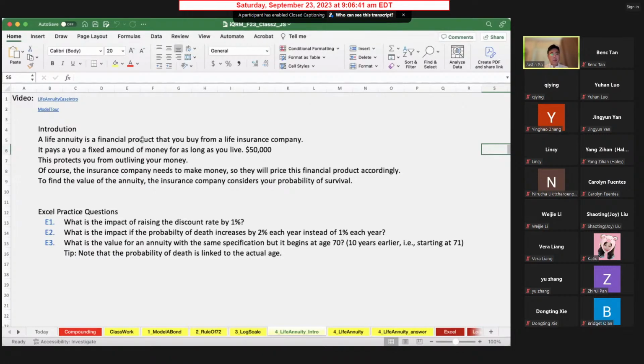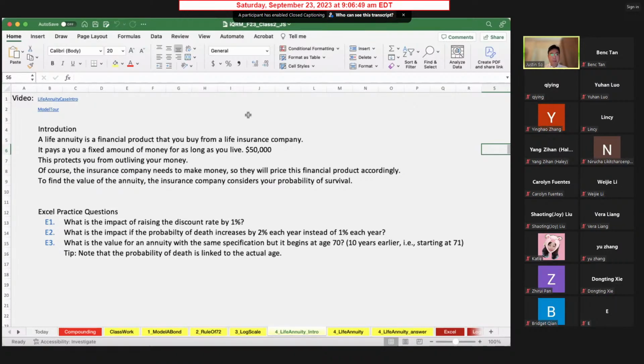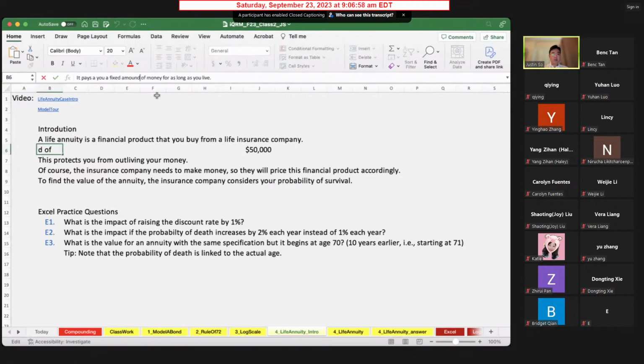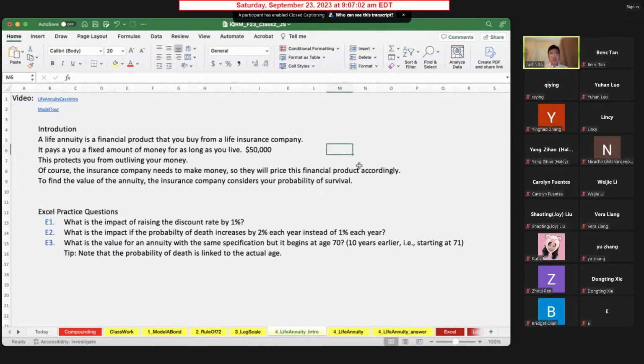So the question here is, a life annuity is a financial product that you buy from a life insurance company. It pays you a fixed amount of money. There's a typo here, amount of money, for as long as you live, $50,000 here. This, let's say, is annually.